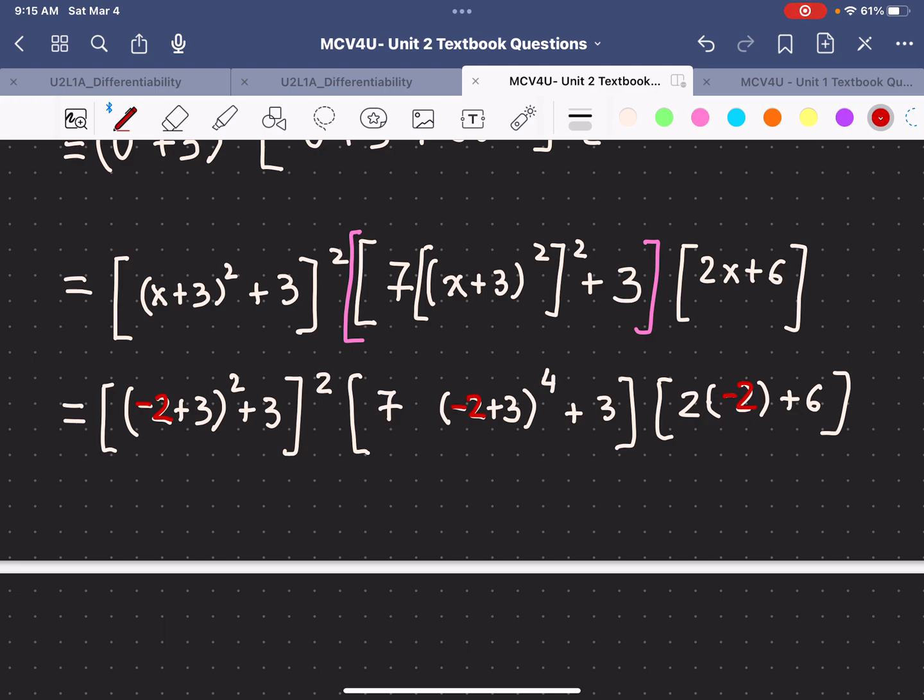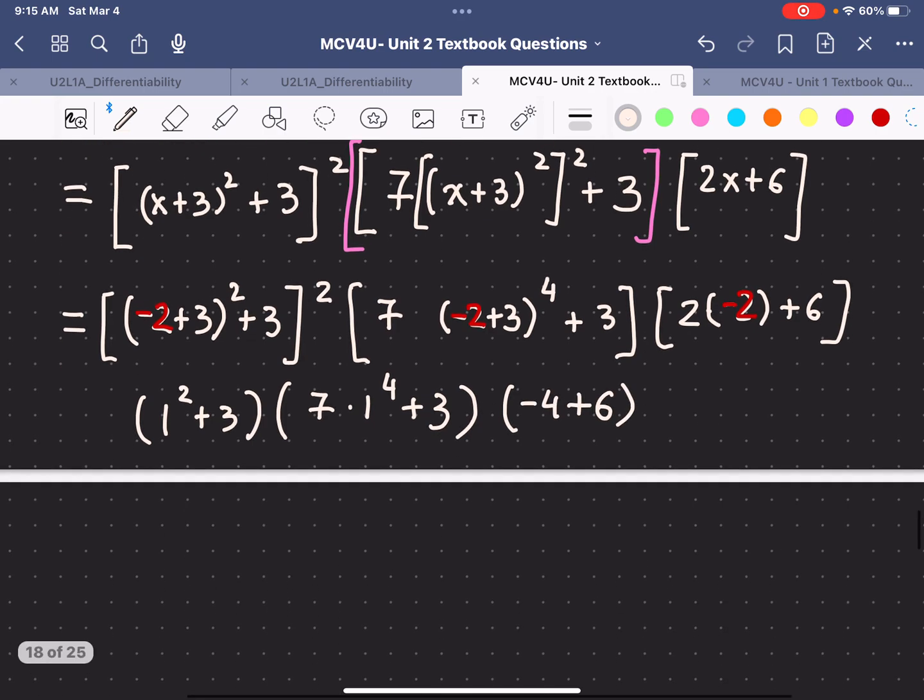Now we have to simplify. It's kind of nice that we have negative 2 and 3. That will make a 1 in here, to the power of 2, plus 3. Next we have a 7 times 1 to the power of 4, plus 3. And lastly we have negative 4 plus 6.